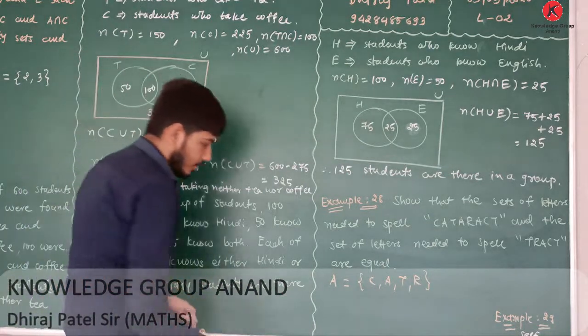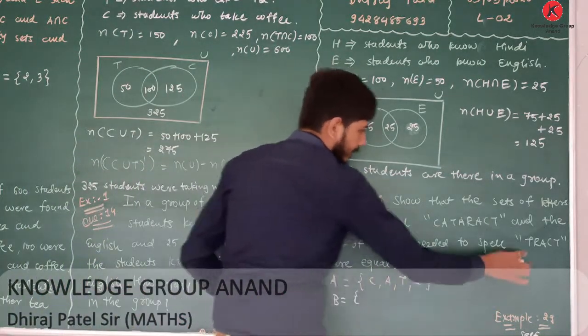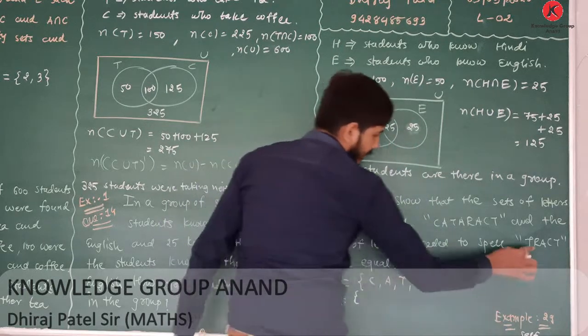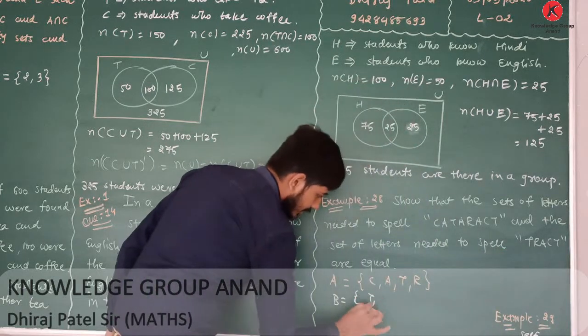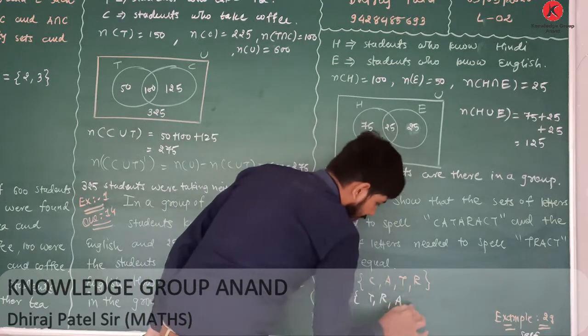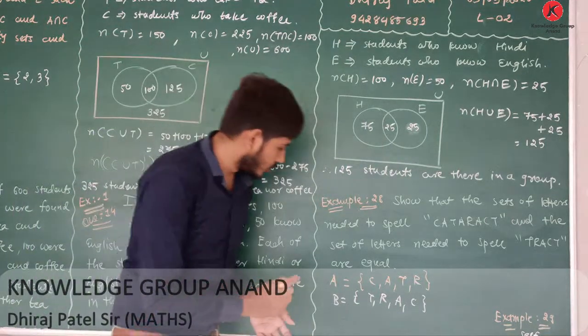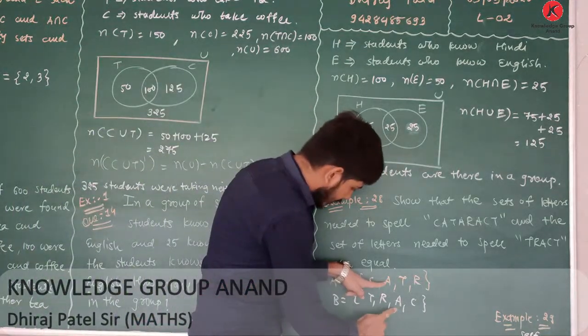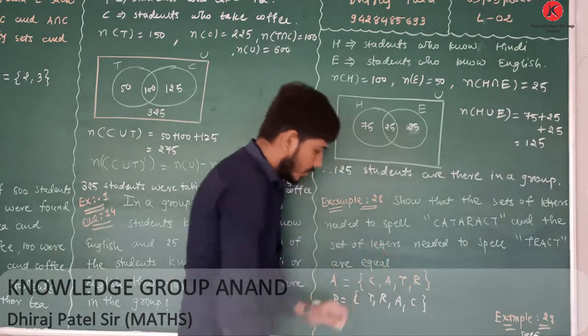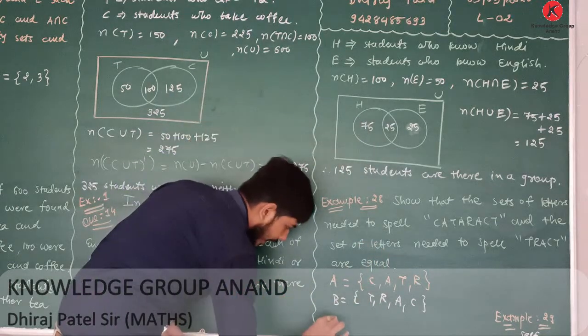Okay, now write down the set B. Set B equals to tract, all the letters of tract. C, T, R, A, C and T again. So don't write T again. Okay, now check it out. C, A, R and T. All the elements of set A and set B are equal.